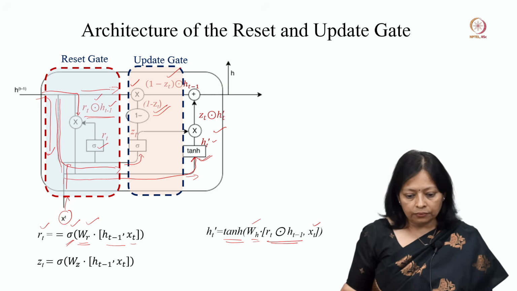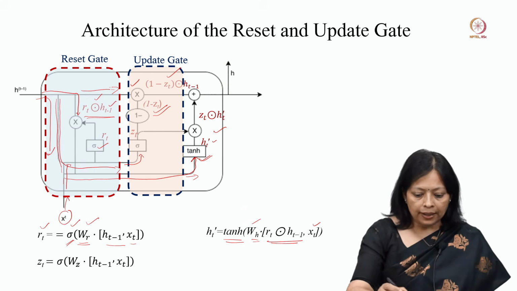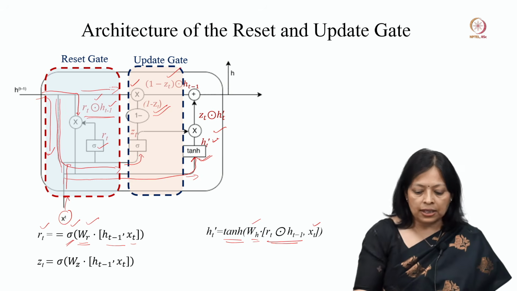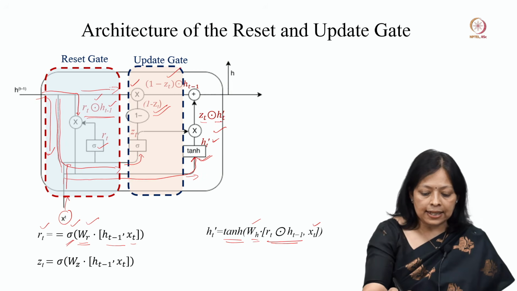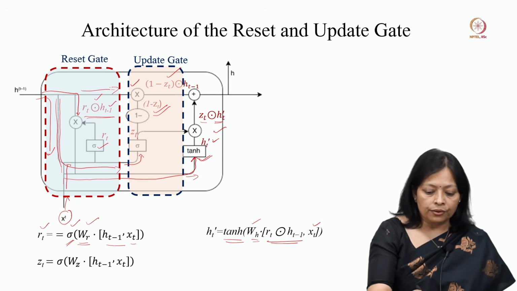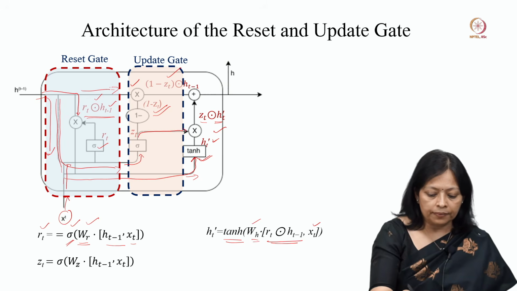Now, if we see here, after H prime T is done, it gets multiplied with ZT. This ZT is coming here and it is multiplied by HT prime.